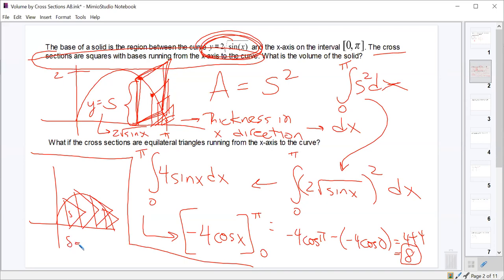It's just the length from the x-axis to the curve. So that's helpful. The thickness is still in the x direction, so this thickness should still be dx. So the only thing we've got to do is figure out what the area of an equilateral triangle is. And you should, I hope, know the formula for the area of an equilateral triangle.